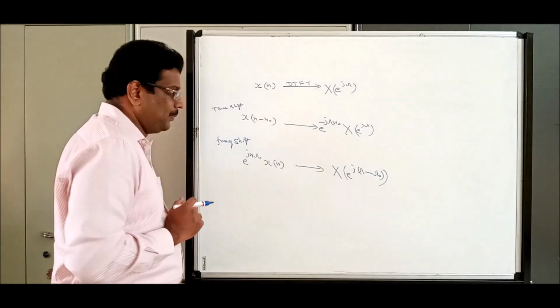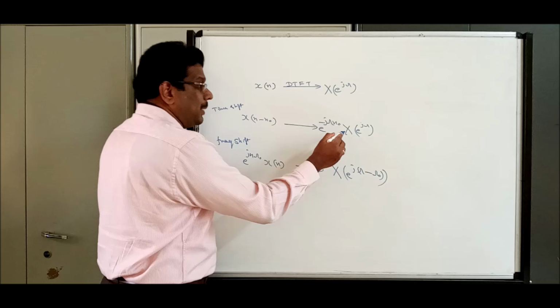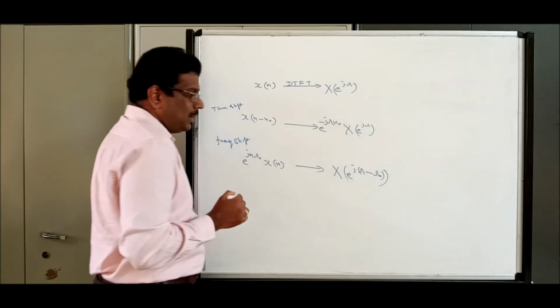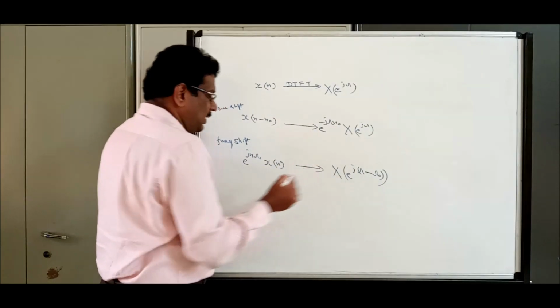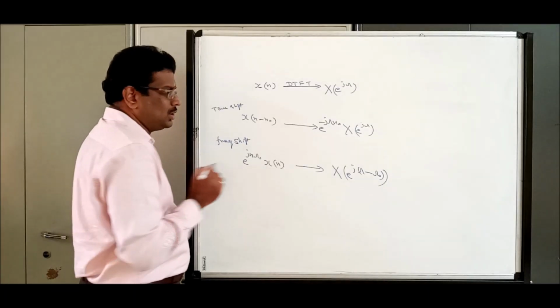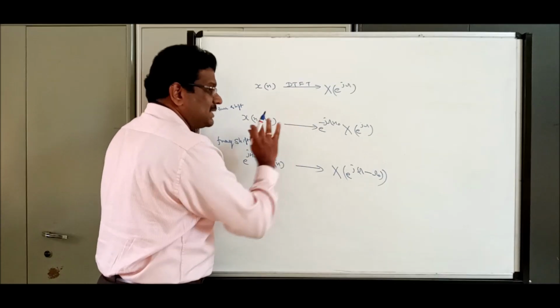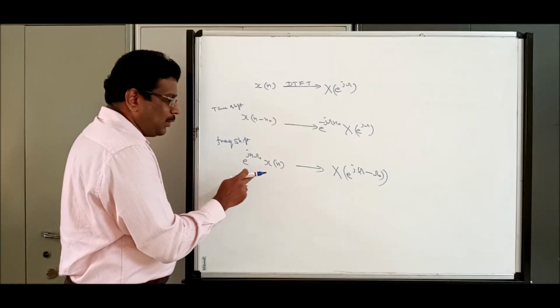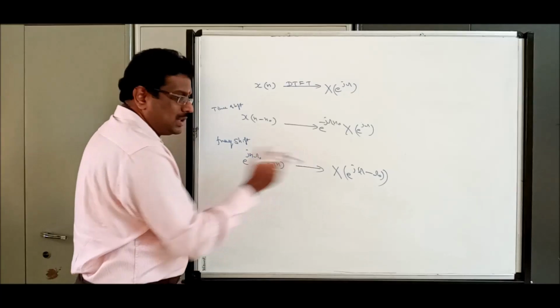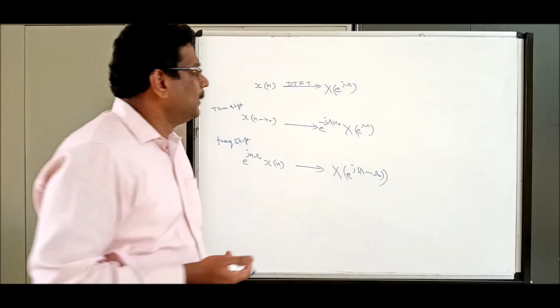In a nutshell, if time domain is shifted, frequency domain is multiplied by e power j. If frequency domain is shifted, time domain is multiplied by e power j. One small note: in time shift, minus and plus have the same sign. In frequency shift, it is the opposite sign, minus becomes plus. We can learn this in the proof.